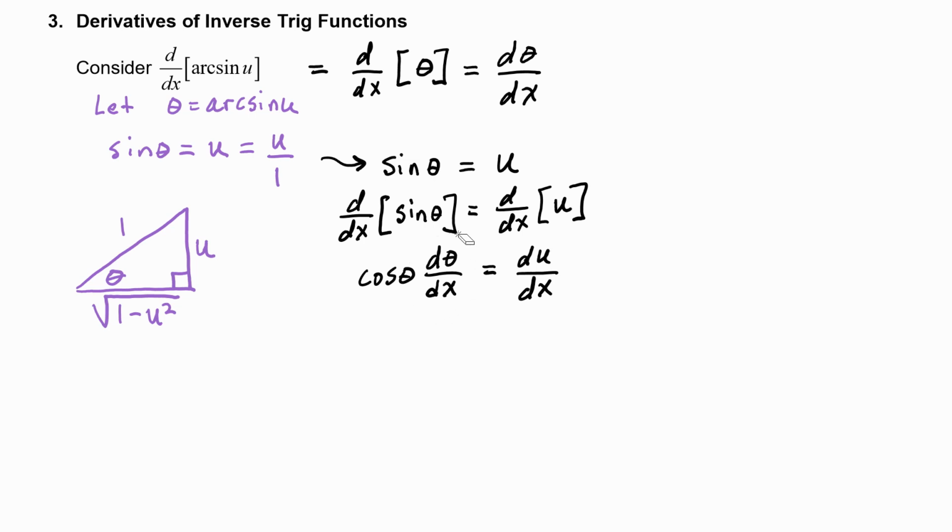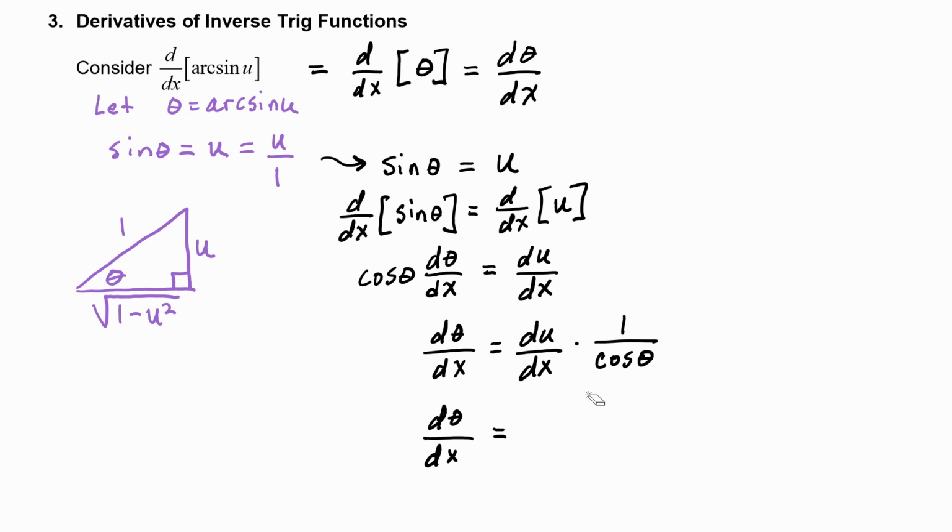Now let's solve for d theta dx. We would have d theta dx is equal to du dx, and of course we would have to divide by cosine, so I'll multiply by 1 over cosine theta, and now we have d theta dx is equal to 1 over cosine theta, which is the secant of theta, and then I'm going to put this du dx over here, calling it u prime.